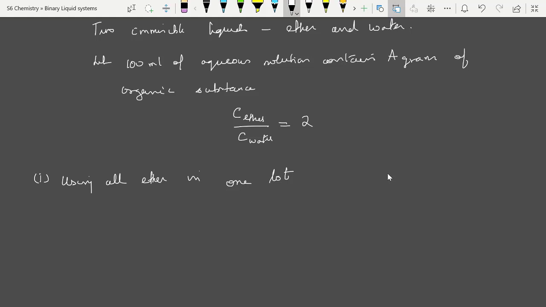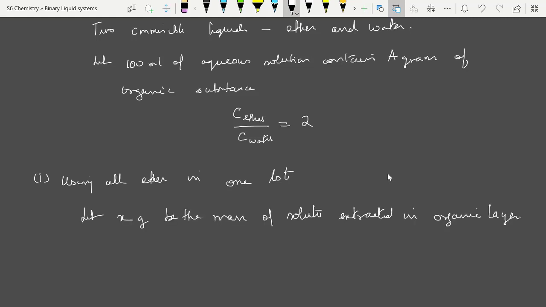Now after shaking, some of the organic substance will go from the aqueous layer to the organic layer. Now let x gram be the weight of the solute which is extracted in the organic layer.